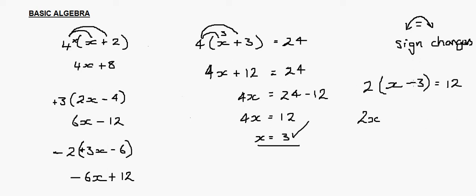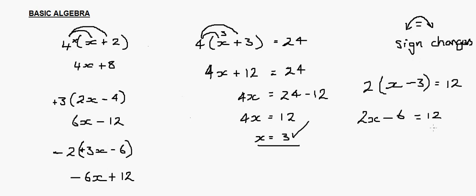Now this is a plus and a minus. So as soon as I see differing signs, I make a note that something has to be done. So plus times a minus is a minus, and 2 times 3 is 6, and this will still equal 12.